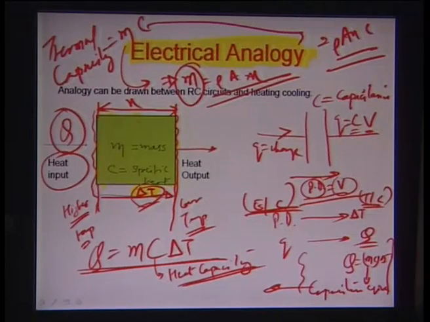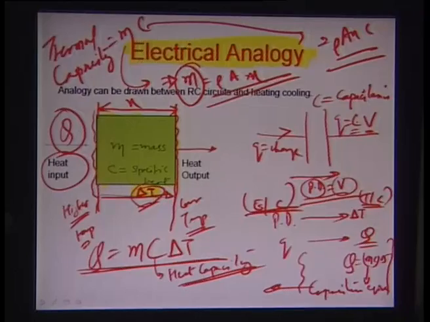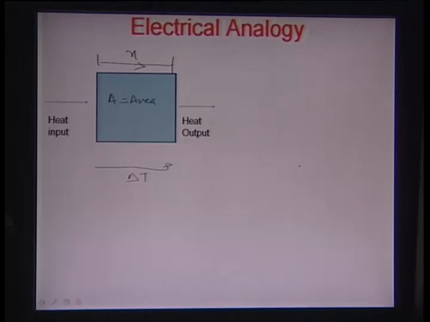Let us also look at if there is something analogous to a resistance in an electrical circuit as in a thermal circuit. So for doing that, we need to assume the rate of flow of charge. So basically, in case of the equivalent of resistance, we have to consider the rate of flow of charge.